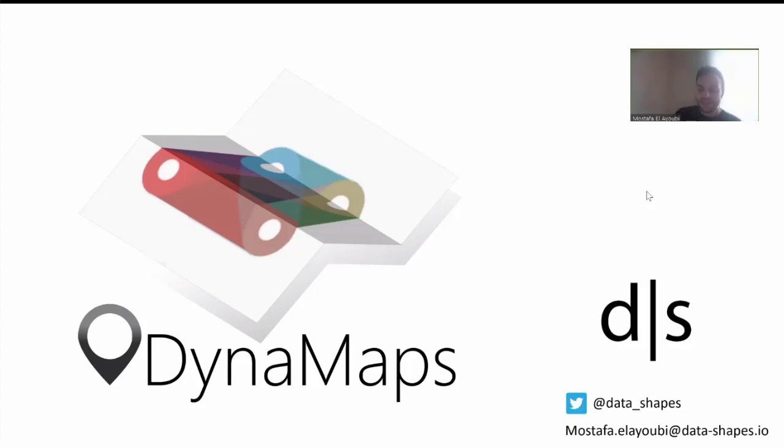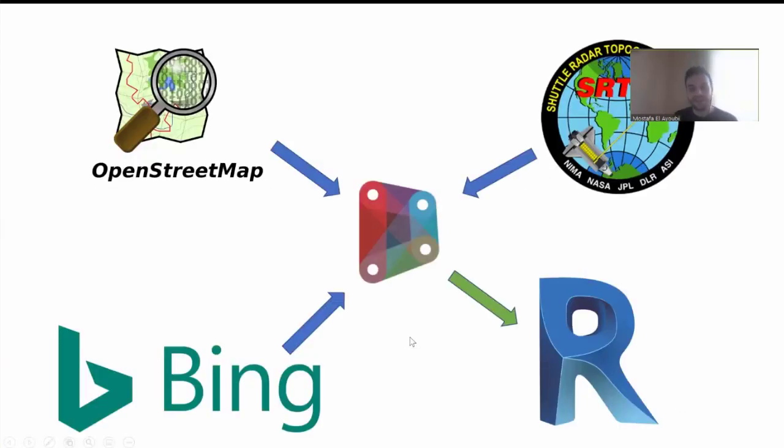So DynaMaps is a package that connects many things inside Dynamo. It connects OpenStreetMap data for the building information and also for road information and planting information. It can also get information about the trees.